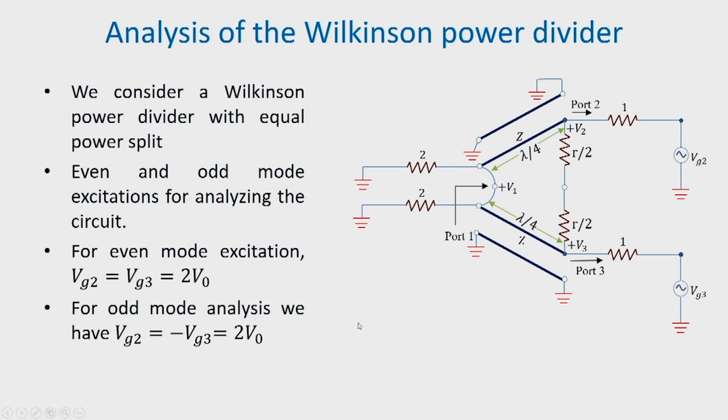We next show the two equivalent circuits, but these are symmetrical. So, when an open circuit is created, the two halves are symmetrical, and we can analyze only one section and find out the voltages and also the S parameters.